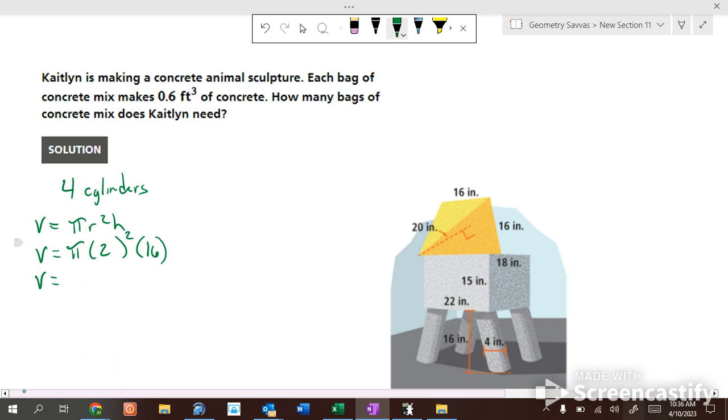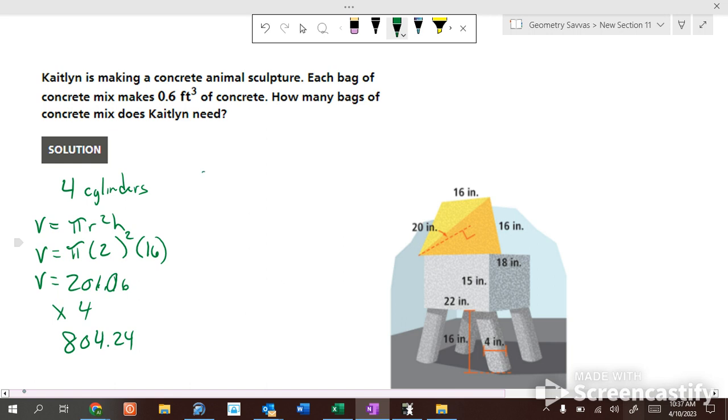So let's find each one and then we'll multiply it by 4. So 4 times 16 is 64. Take 64 times pi. About 201.06, take that times 4. 804.24.